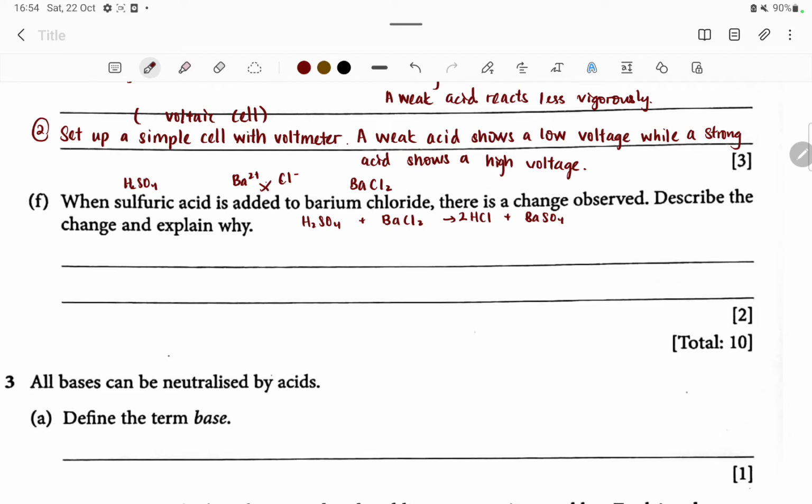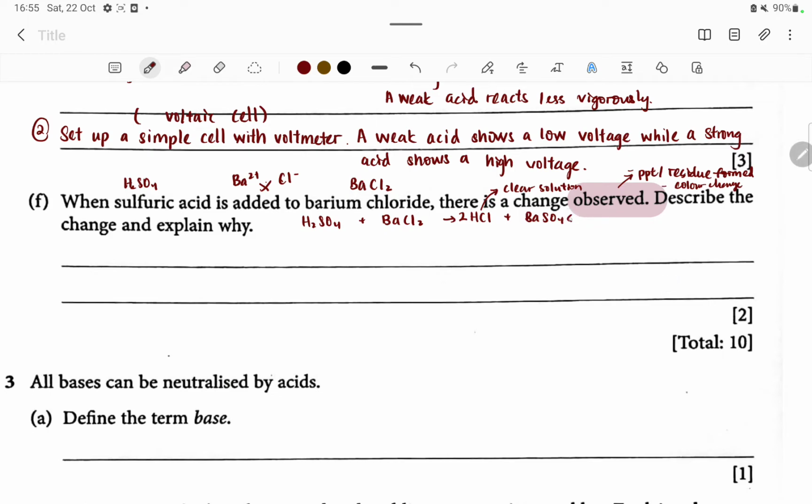So HCl will be a clear solution. But when you observe something, normally it's a precipitate or residue formed, or color change. Okay, so we have to describe the observation.